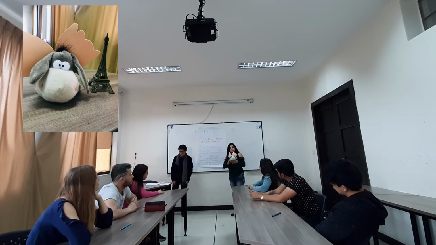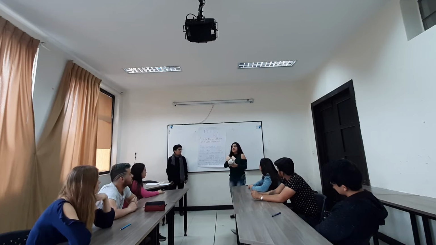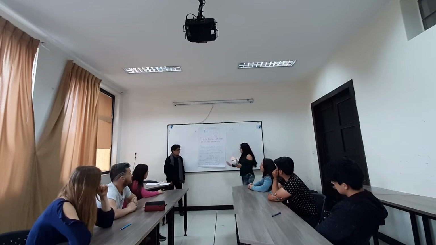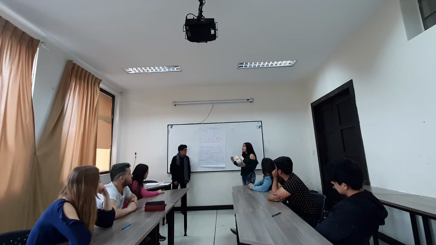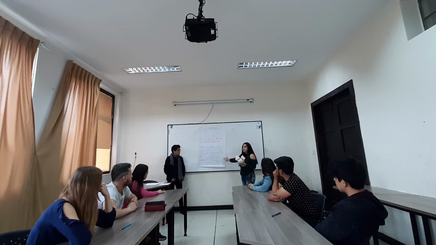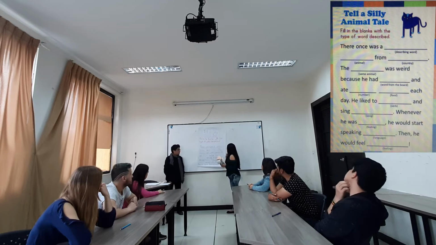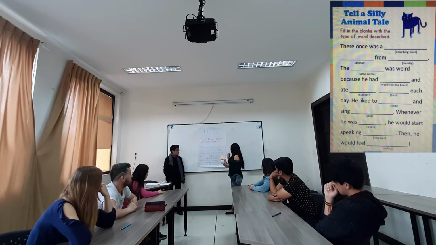Okay, so we're going to use this animal in order to write a description like this. Here you have an example. I'm going to read it. We use this example with this animal, okay? It says, there once was a great donkey from Italy.